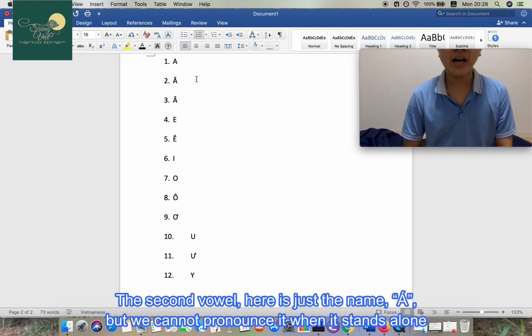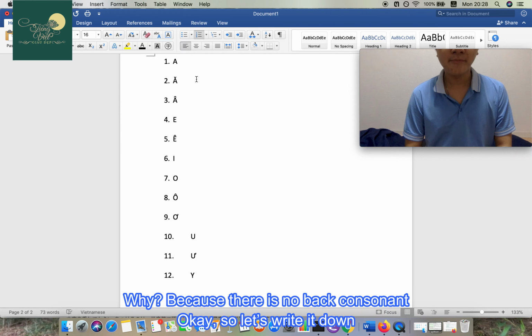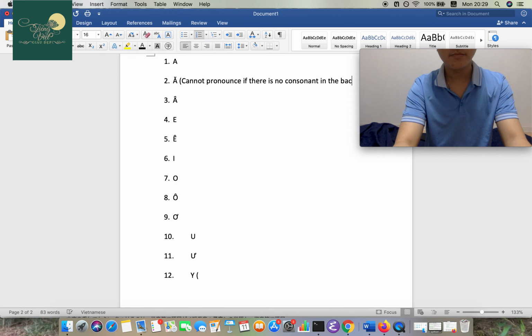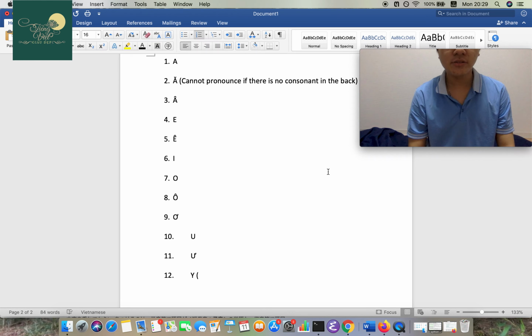The second vowel, here is just the name, but we cannot pronounce it when it's standalone. Why? Because there is no back consonant. Okay, so let's write it down. You cannot pronounce it if there is no consonant in the back.